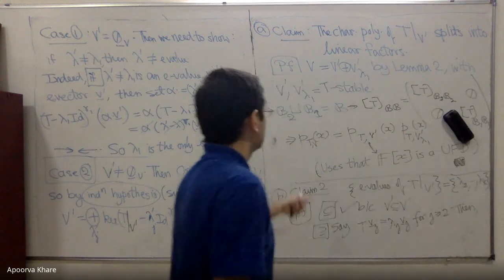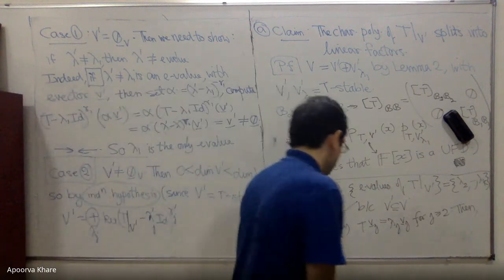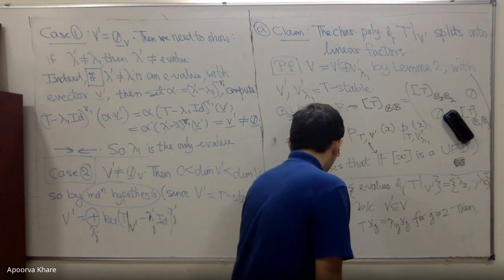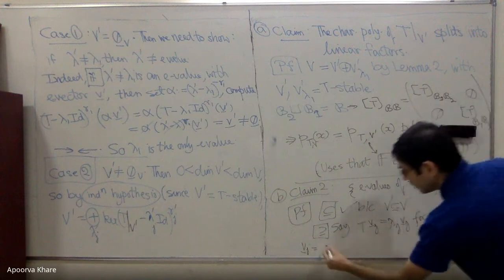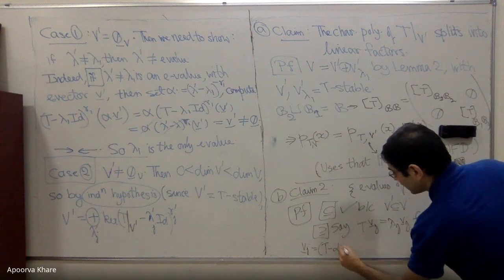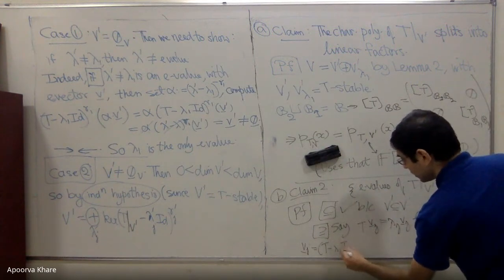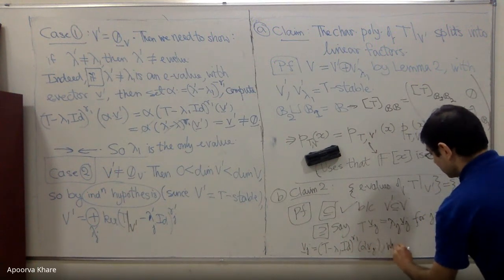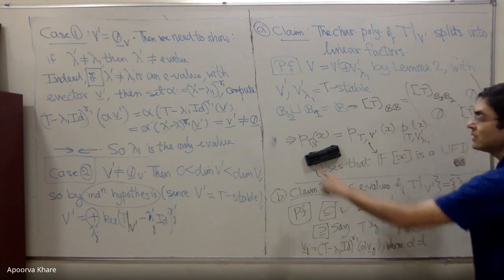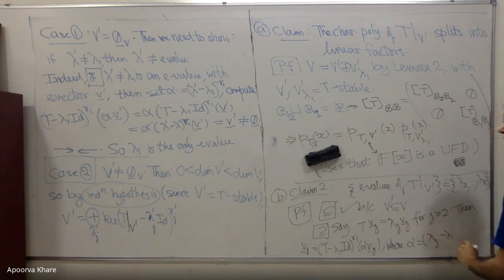So why is vj in V prime? Well, V prime is the image of T minus lambda 1 I to the r1. So you just check the same thing again. So vj equals T minus lambda 1 identity to the r1 of alpha vj, where alpha this time is exactly the same scalar, except instead of lambda prime, you would put lambda j minus lambda 1 to the minus r1.